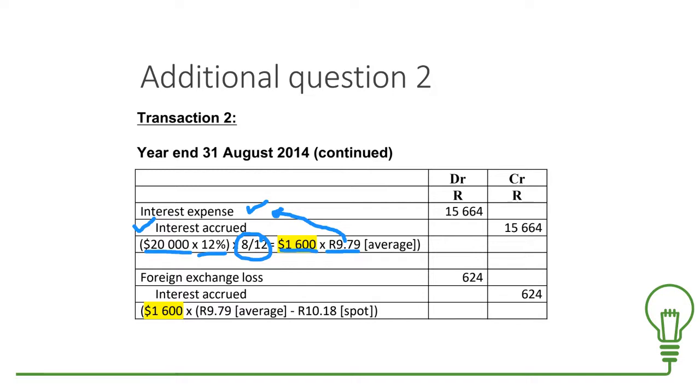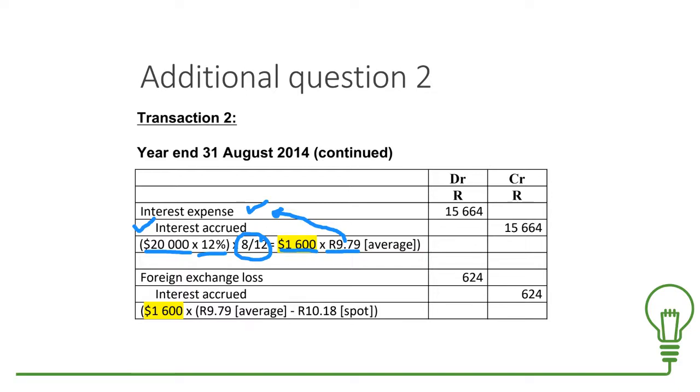The interest expense is measured at average, whereas the interest accrued, or accrued interest, or interest payable, is a balance sheet item. It's a type of creditor, a type of liability, and it needs to be measured at the spot rate at year end and just before settlement, because it's a monetary item.